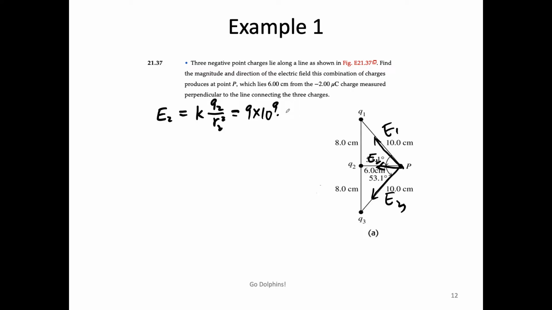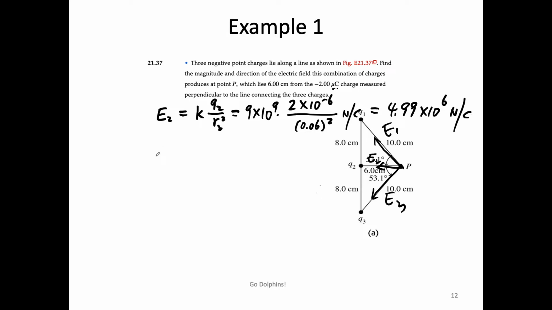If we want the magnitude, the negative doesn't matter too much. So 2 times 10 to the -6, because it's microcoulomb. This is Q2 over R2 squared, with R2 being 0.06 squared, in Newton per coulomb. The number is 4.99 times 10 to the 6 Newton per coulomb. This is the magnitude of E2.